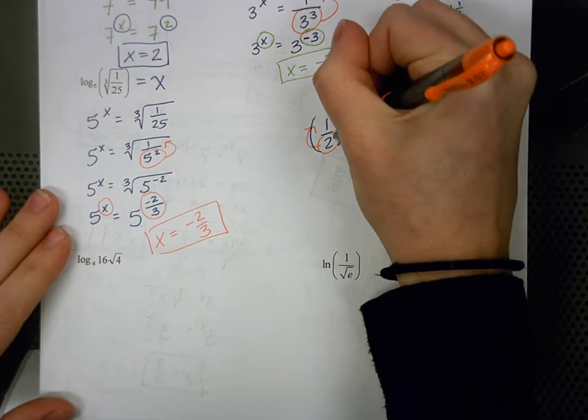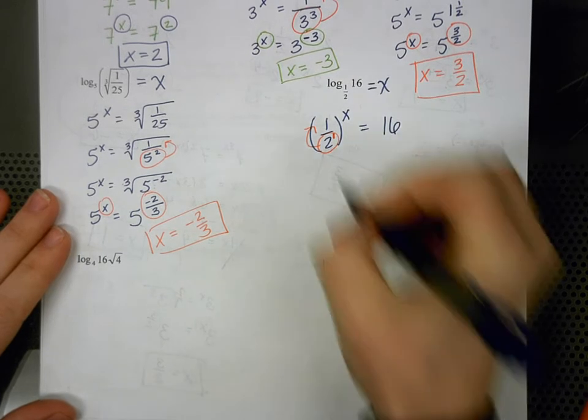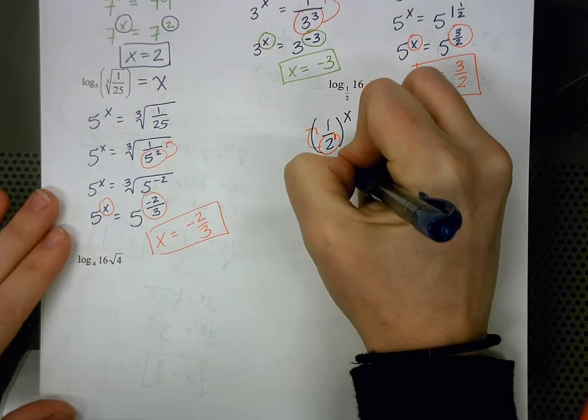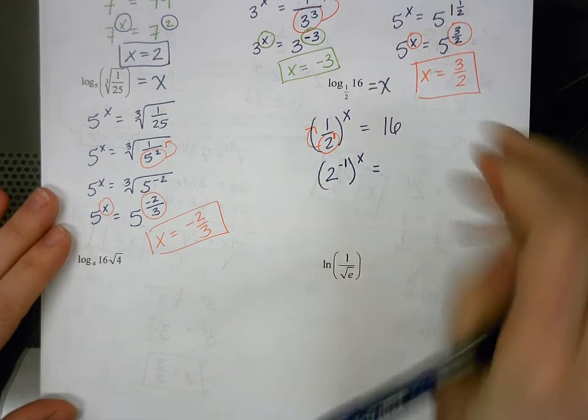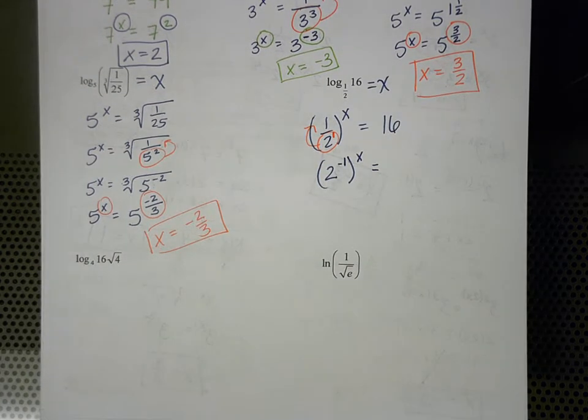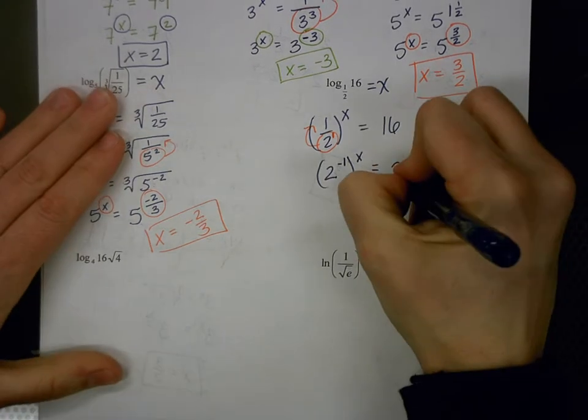A 1. So that exponent is going to become a -1. So my base is 2, because that's my prime number that we're using on the left. Can I rewrite 16 with a base of 2? Yes, that's 2 to the 4th power.